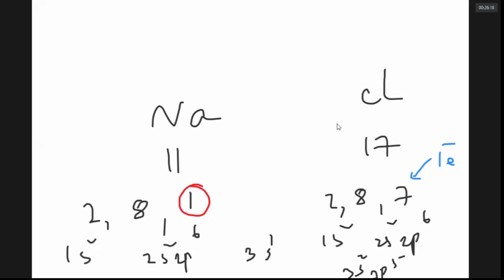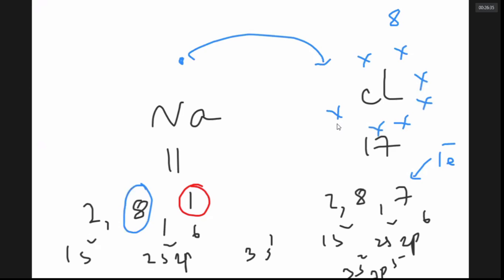So when sodium and chlorine come together, the sodium loses its valence electron and chlorine gains that electron so that chlorine gets an octet, and sodium is left with an octet.